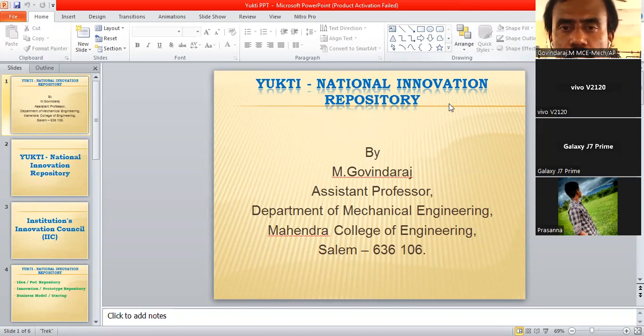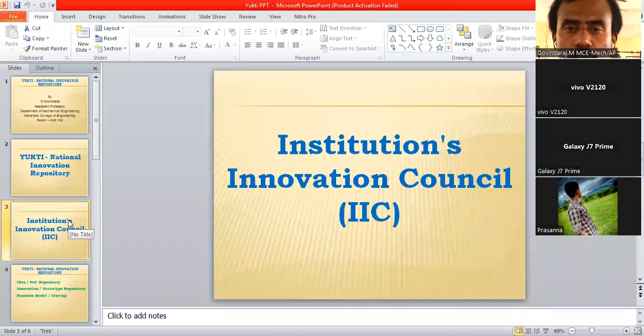Today, I'm going to explain about the Yukti National Innovation Repository. Before going to that, I'll give a brief introduction about the Institution's Innovation Council, that is IIC. This Institution Innovation Council was formed jointly between MHRD and AICTE.